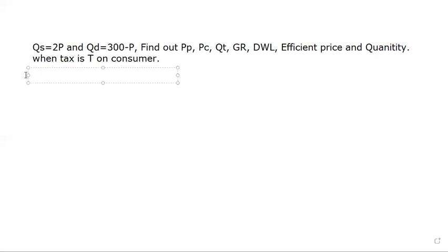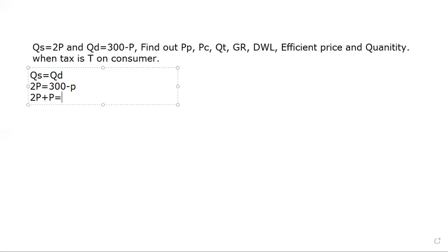So QS equals QD, so we can put the value of Q as 300 minus P. So we can exchange sides: 2P plus P equals 300.